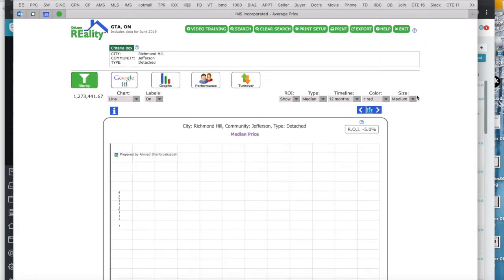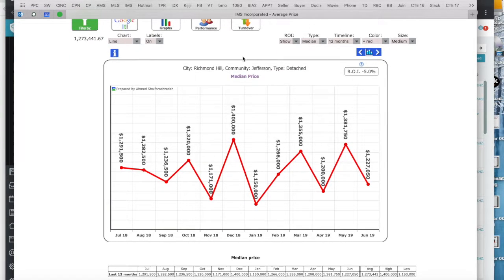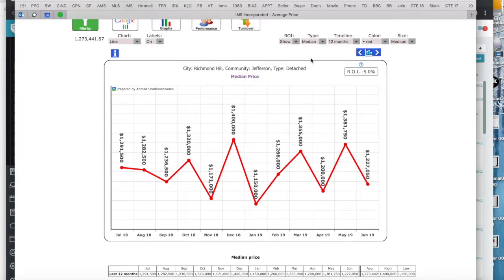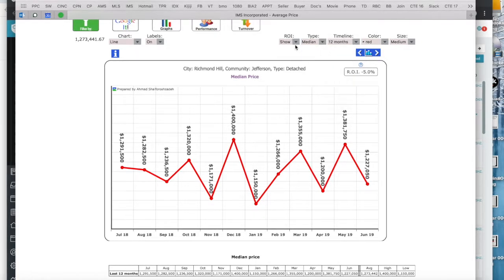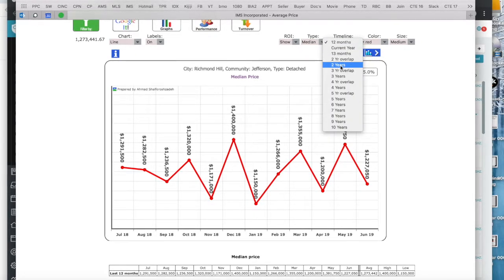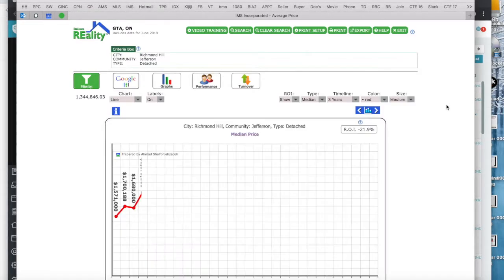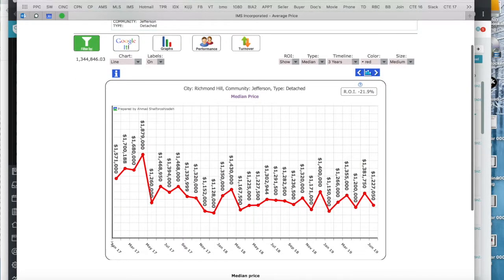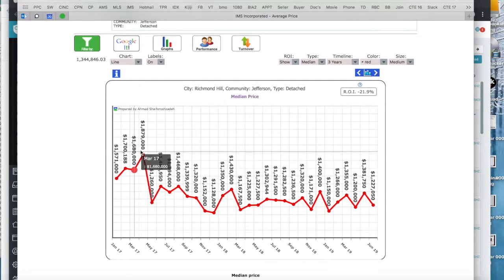So I like to look at the median price, and you can see if you were living in Richmond Hill and you had a detached house in the Jefferson community, in the last 12 months, your home has dropped about 5%. So if you go back to, let's say, 3 years, or just the beginning of 2017, right before we had that spike, it was around 1.8.